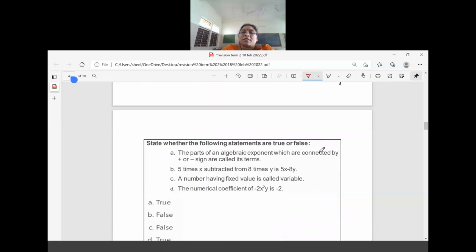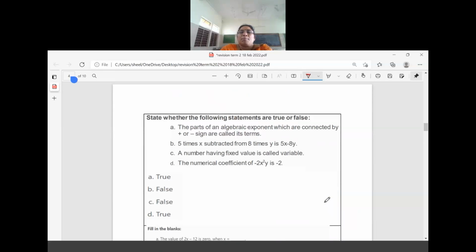State whether the following statements are true or false. The parts of an algebraic expression which are connected by plus or minus sign are called its terms. It's true only. When we say 2y plus 7, this 2y is called the first term, 7 is called the second term. So they are called terms only. This can be used for your Olympiad exams and all, because of the algebraic terms, when we are getting expressions adding only.